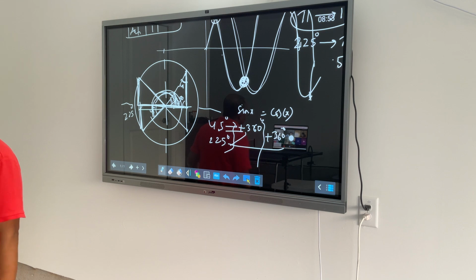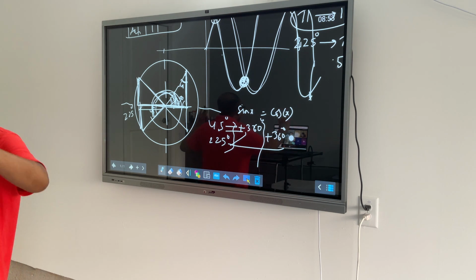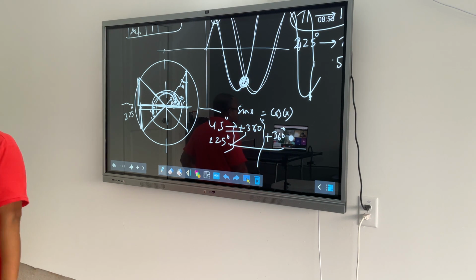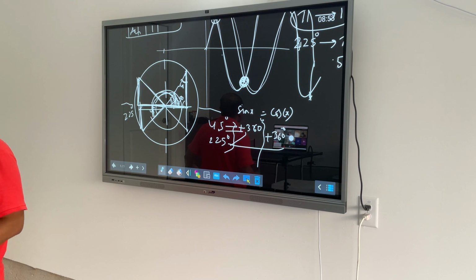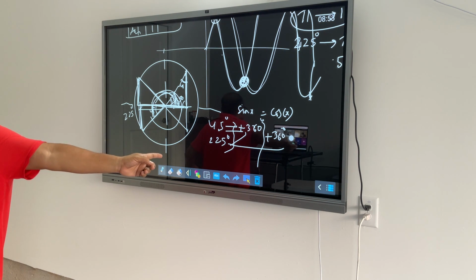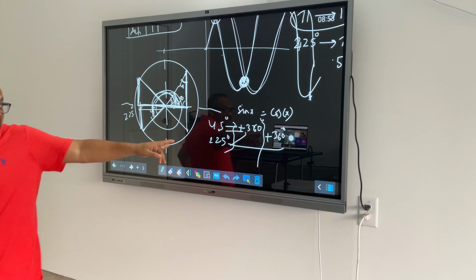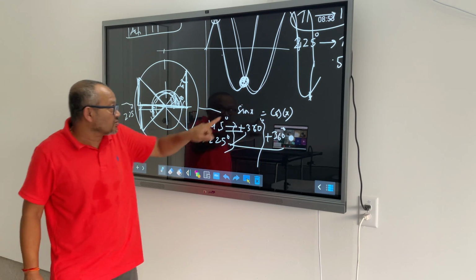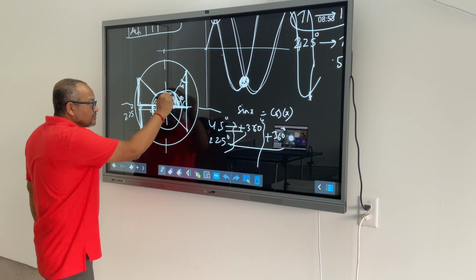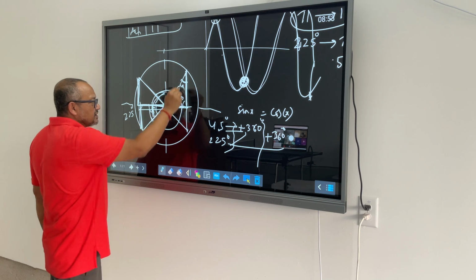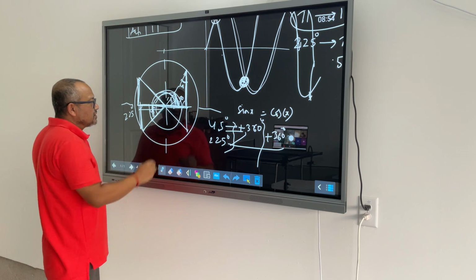If you are tasked to find 50 values of the angles for which sine and cosine will match, and you know that there is an award of $200, do that exercise. You are just adding 360 in iterations. So basically, you know that this one and this one match in sign and magnitude both.